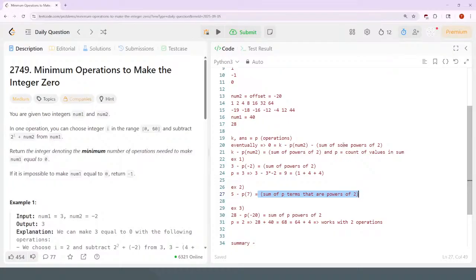So the question is, I know what the sum should be. How do I choose the least number of operations?